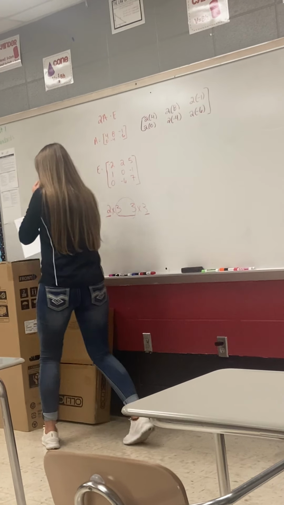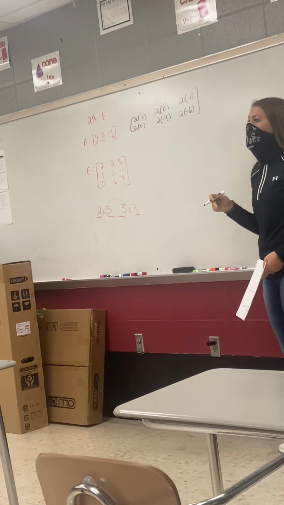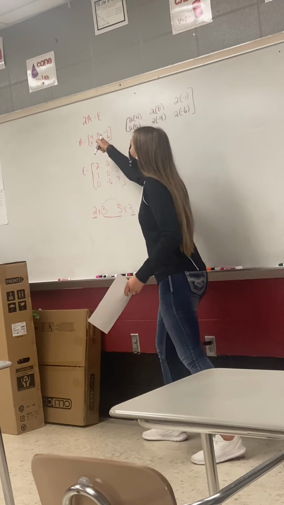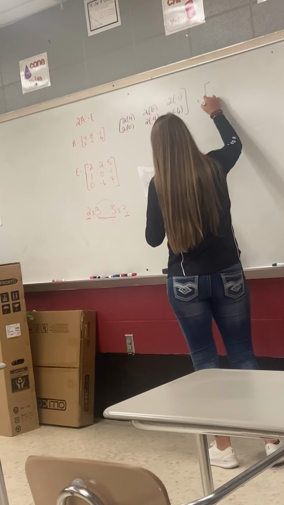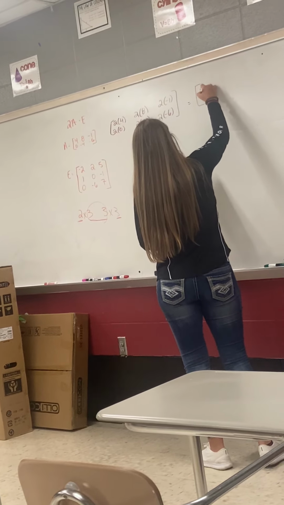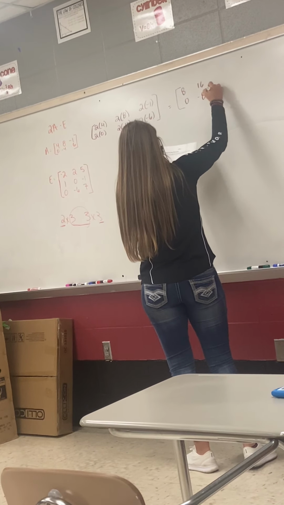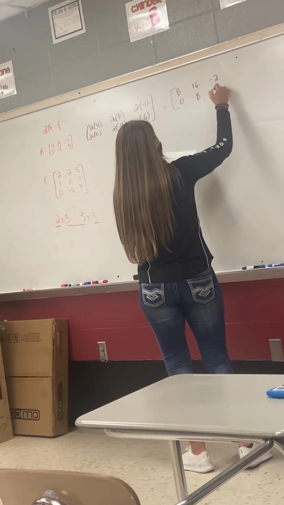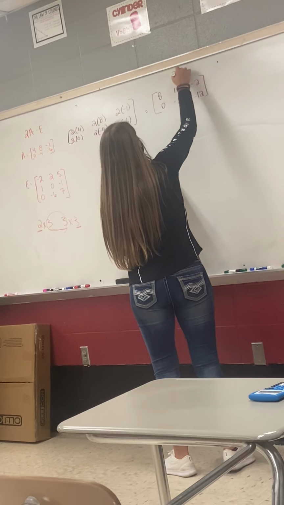Okay? All I'm doing is multiplying everything by 2 before I multiply a and e together, because it says 2a. So that's going to give me 8, 0, 16, negative 8, negative 2, and negative 12. So this right here is my 2a.